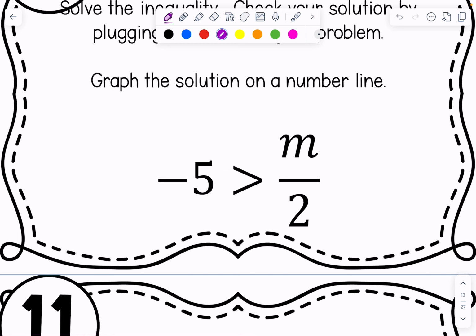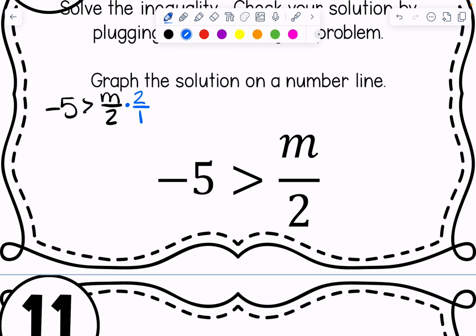On this one, I have negative 5 is greater than m divided by 2. I want to undo the division. I'm going to write this one a little smaller. So I want to undo my division by multiplying by 2.